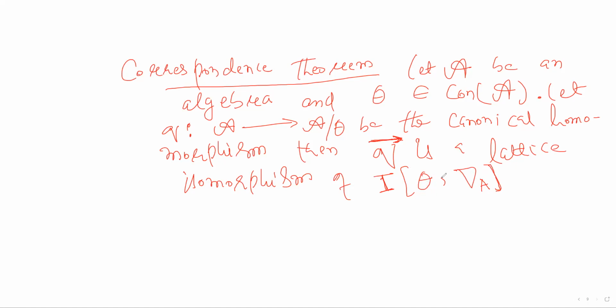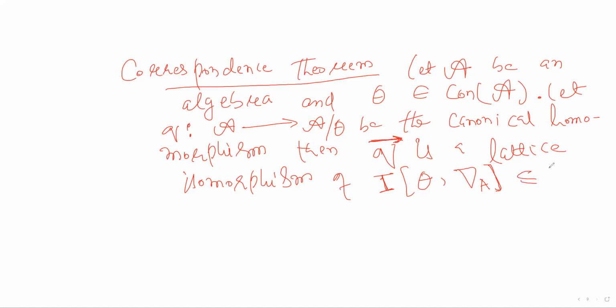So I am saying that those congruences which contain theta and which are smaller than this universal congruence. So this induced homomorphism Q forward arrow is a lattice isomorphism of this lattice.